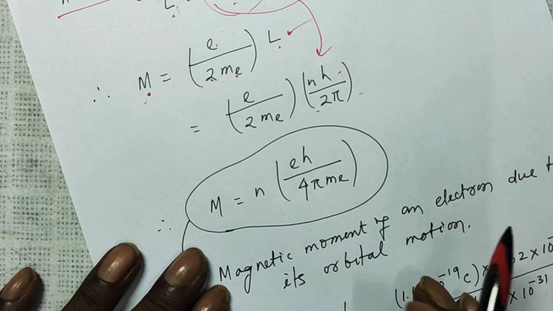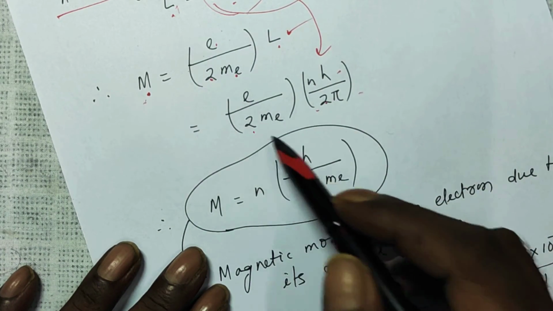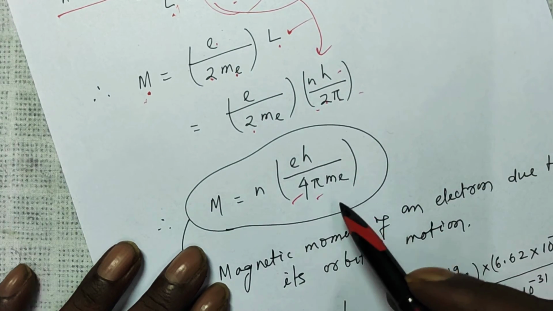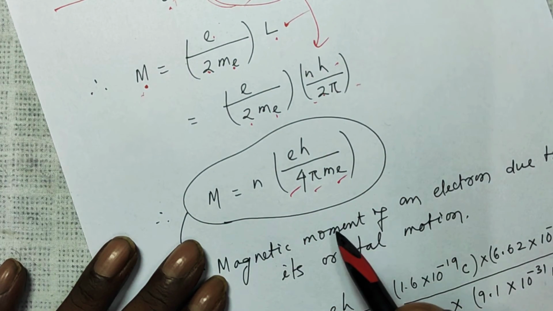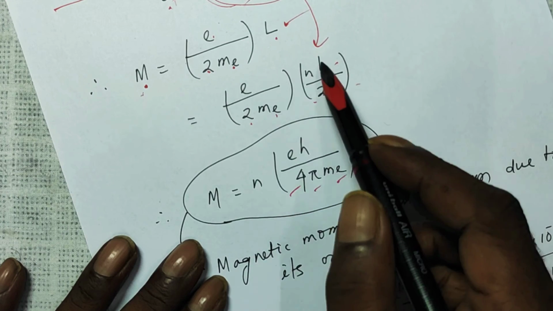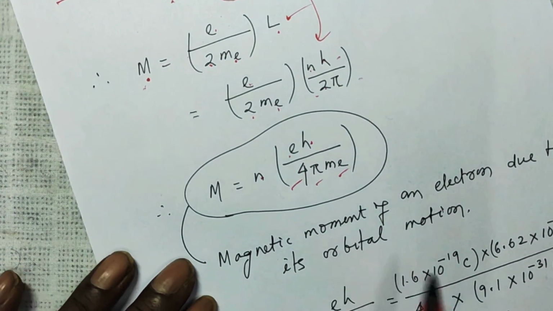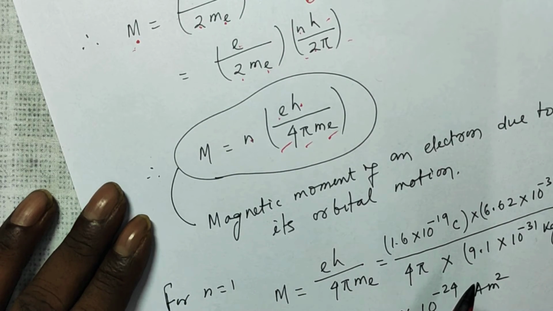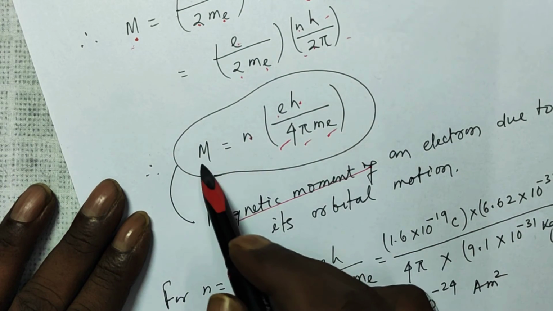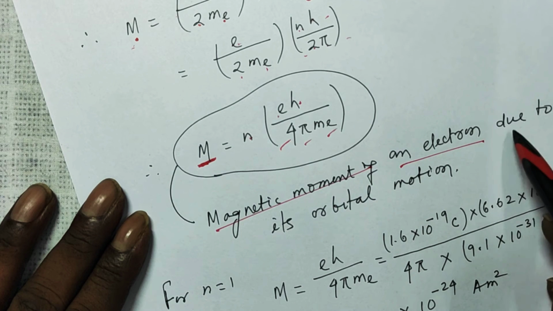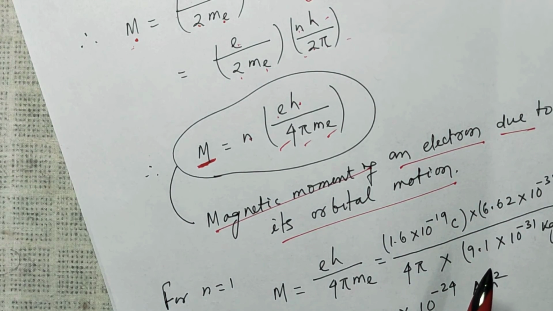So now this becomes 2 into 2, 4 pi, mass of the electron, in the denominator, and neh in the numerator. So, this is the magnetic moment of an electron due to its orbital motion. And we just explained that M and L, magnetic moment and angular momentum, are opposite in direction.